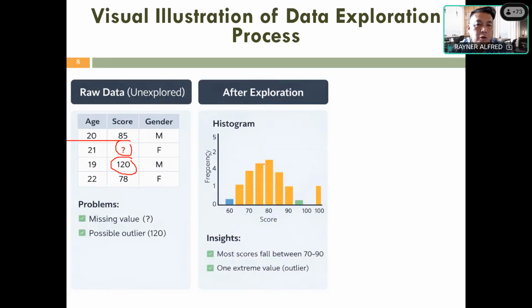We can also use a histogram, a visualization technique, in which we can see that the majority of your data falls within 70 and 90, and we have one extreme value outlier, which is here.